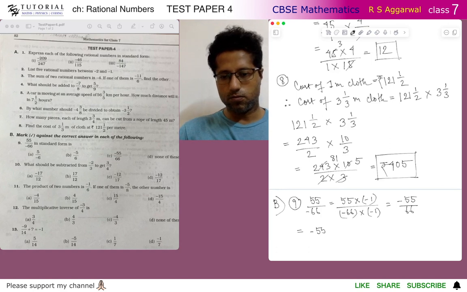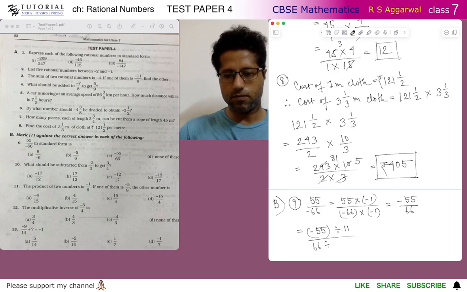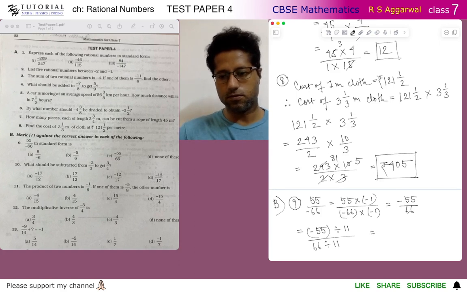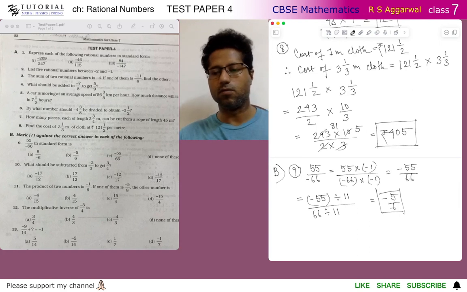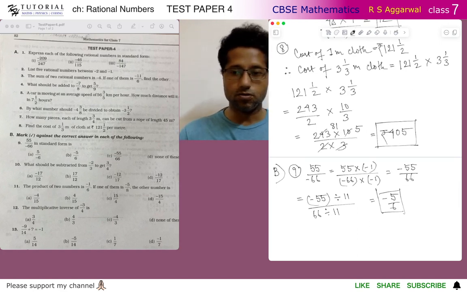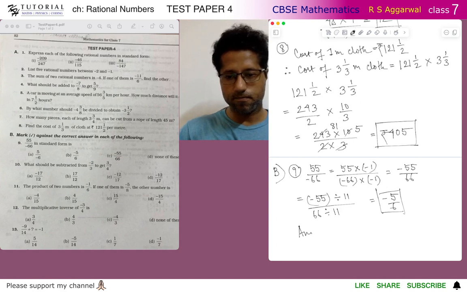So minus 55 divided by 11, 66 divided by 11, this is minus 5 by 6. So this is the standard form of the given rational number. So the answer will be choice B.